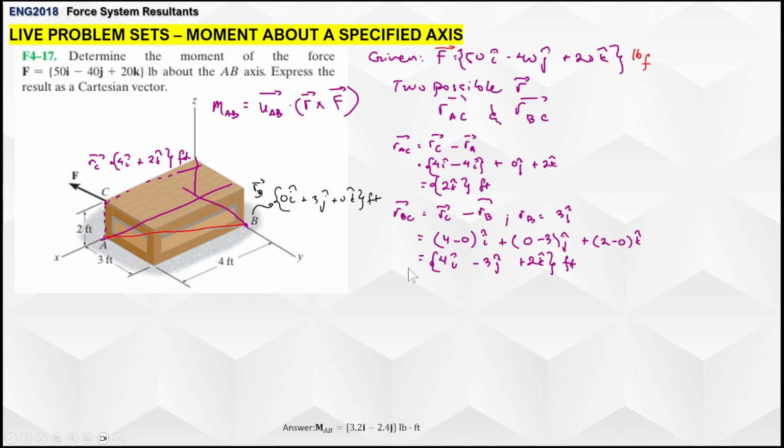Okay? If you're wondering where I got those coordinates, it's just here. This one, it's RB, 0 i hat, 3 j hat, plus 0 k hat. And for A hat, I think I already wrote this in advance.